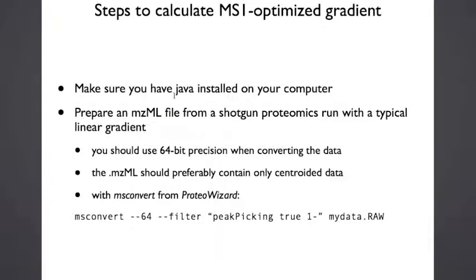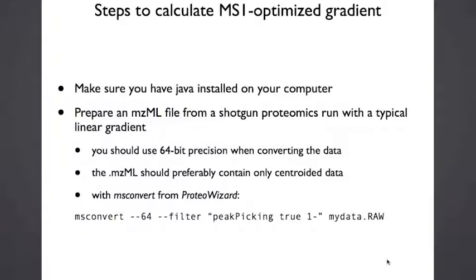This is just an example of how you can convert your data. For the purpose of this tutorial, I converted my data using the msconvert utility from ProteoWizard. I used this command: msconvert --64 with a filter specifying peak picking, and then I gave my raw data file. So this is one way you can convert your data from the raw format to mzML.